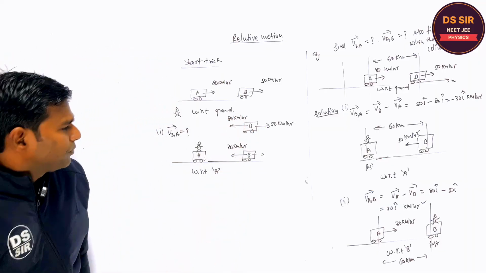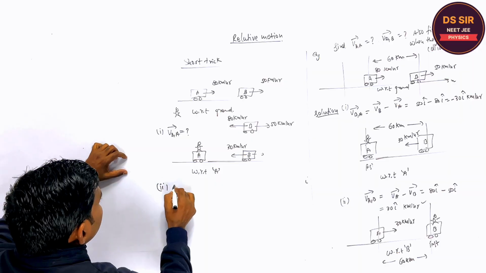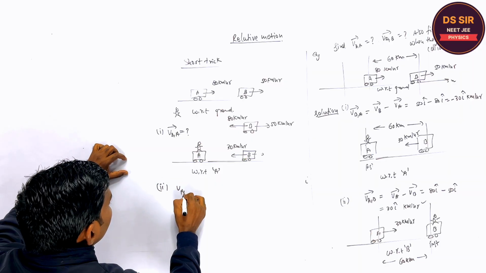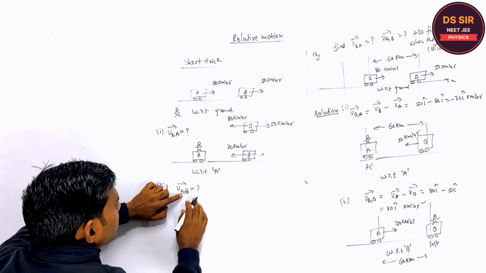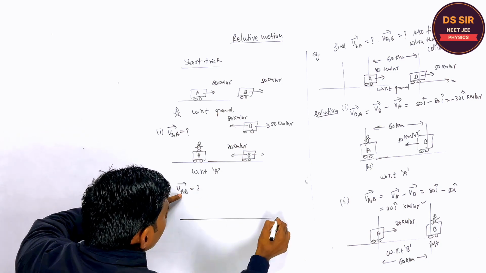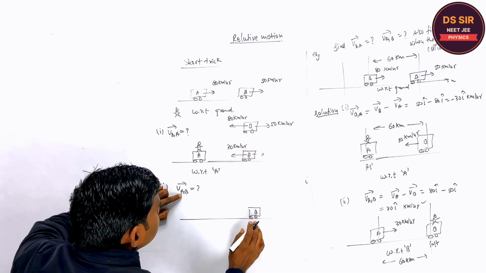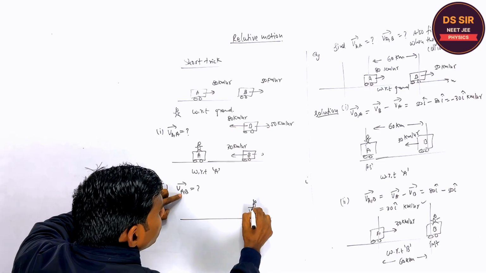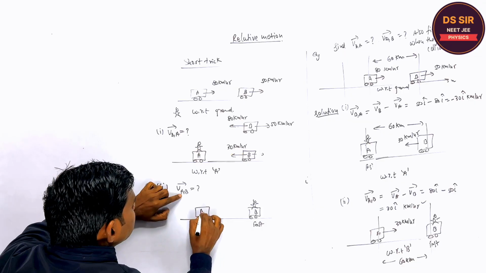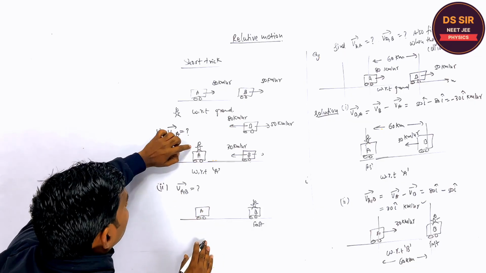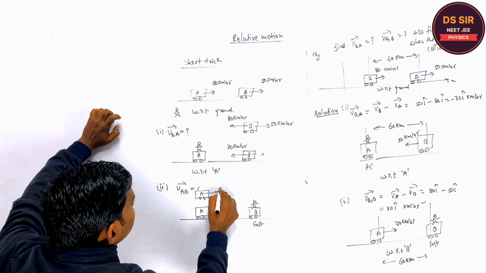In the same way, you can find the velocity of A with respect to B. With respect to B means you are sitting on B. It means B is assumed to be at rest. This is A, whose velocity is 80.